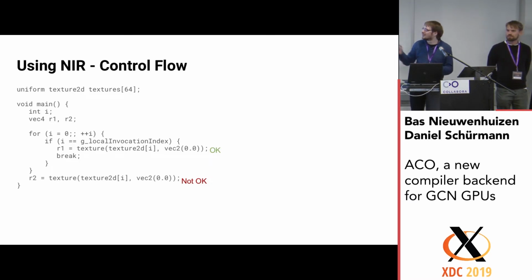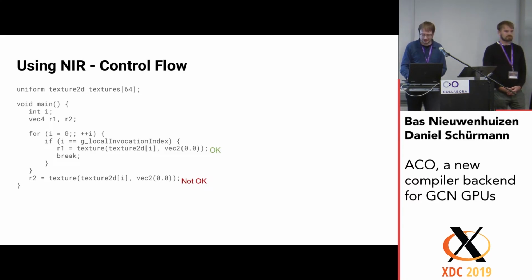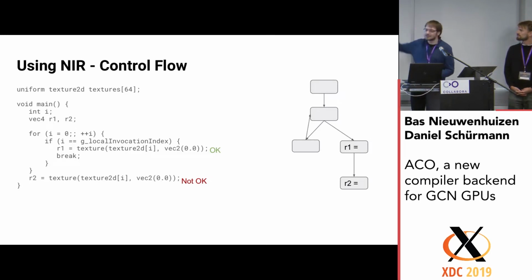So here, at the first location, the texture fetch is allowed. In the second one, not, because you're using these non-uniform accesses. However, let's look at how this would look in a control flow graph, with basic blocks and everything.